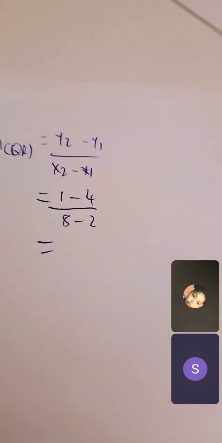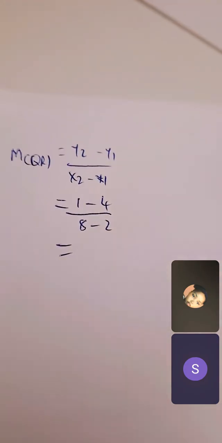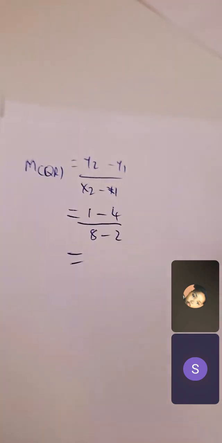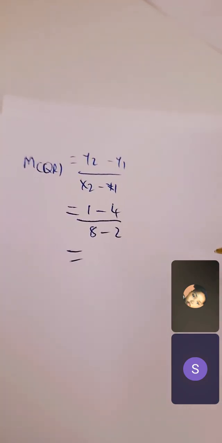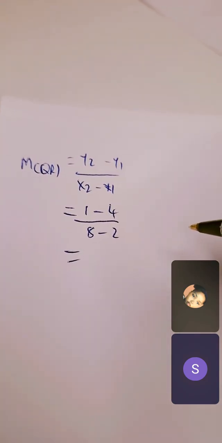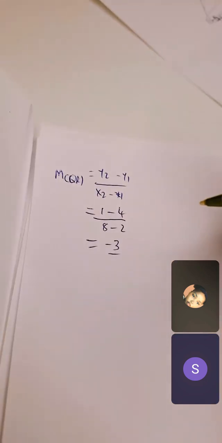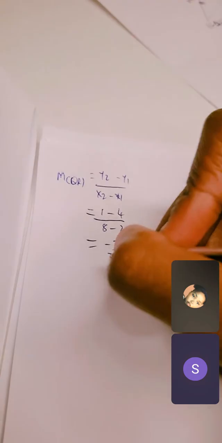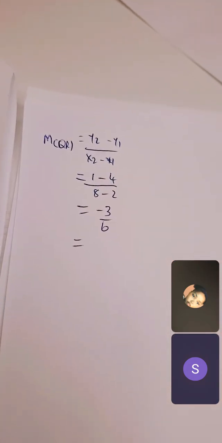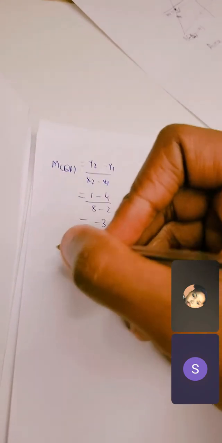Okay, that's what I've substituted. Then 1 minus 4 is equal to minus 3 over 6. Then it's equal to minus 1 over 2. Okay, thank you very much.